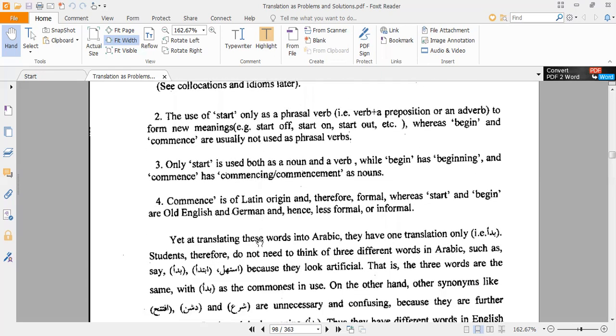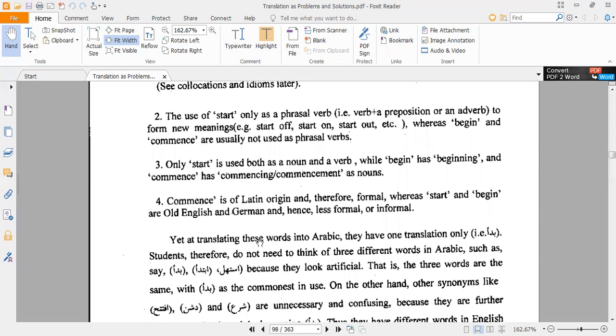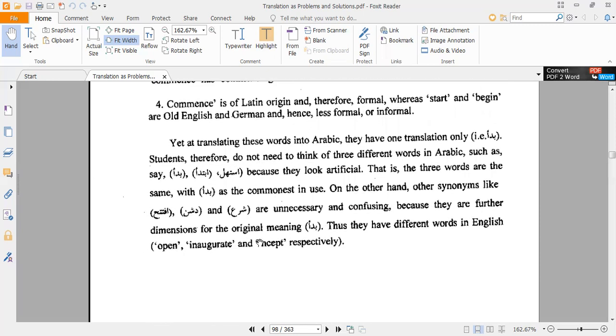طيب هدول اتكلمنا عنهم احنا. طيب in Arabic هدول الثلاث كلمات بترجمهم أنا بكلمة واحدة اللي هي بدأ فقط and that's enough. So أنا هدول الكلمات بالنسبة للفورماليتي حيكون عندي loss. Why?